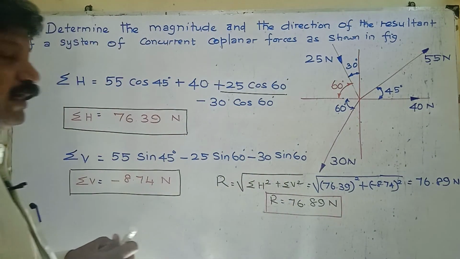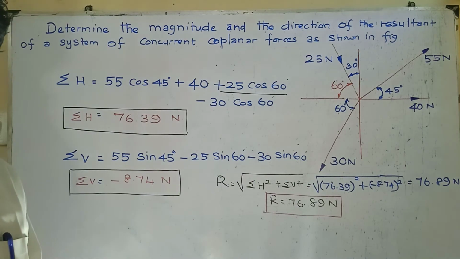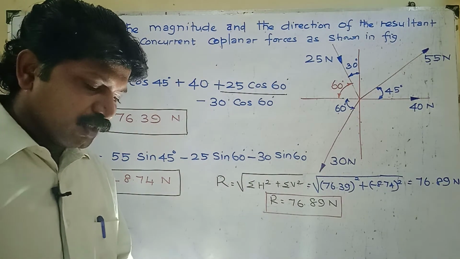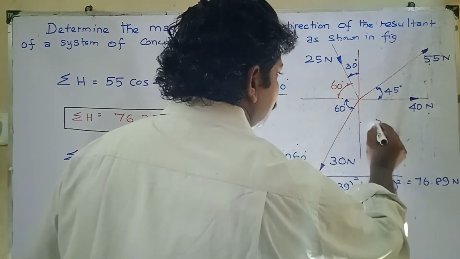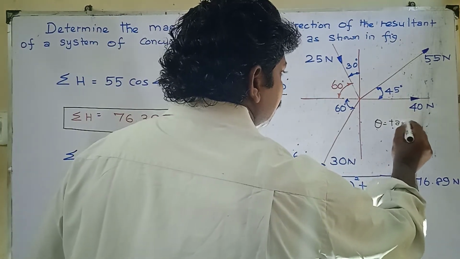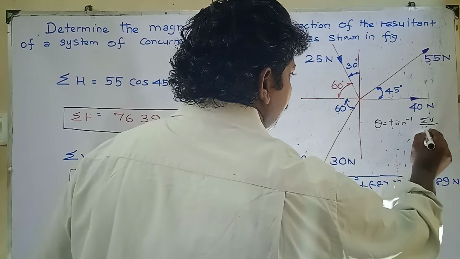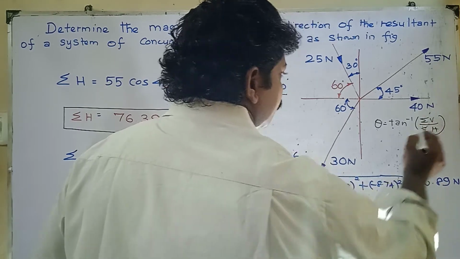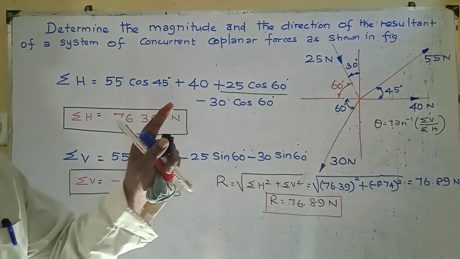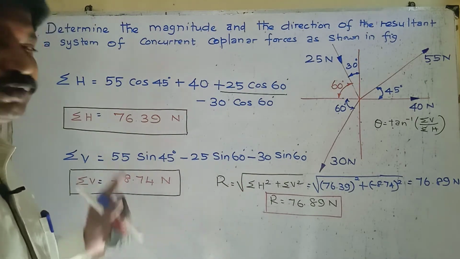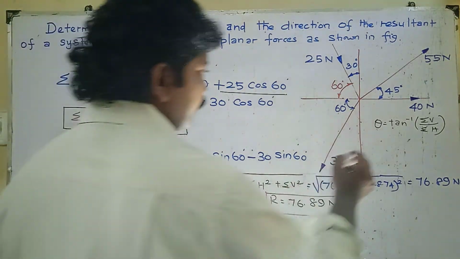How to find the direction of the resultant, theta? What is the formula? Theta equal to tan inverse sigma V by sigma H. No need to put the negative sign for sigma V; just write the value.